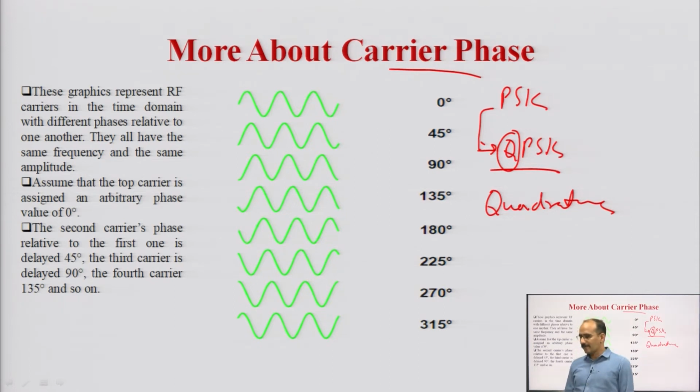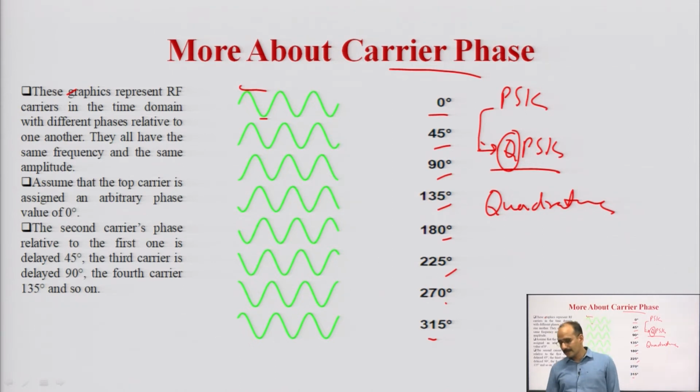Because in these graphics you can see that we have different phases: 0, 45 degree, 90, 135, 180 degree, 225, 270 and 315. Basically these graphics represent an RF carrier in time domain with different phases relative to one another, and they all have the same frequency and the same amplitude, meaning frequency and amplitude are the same throughout, but the phase value differs.